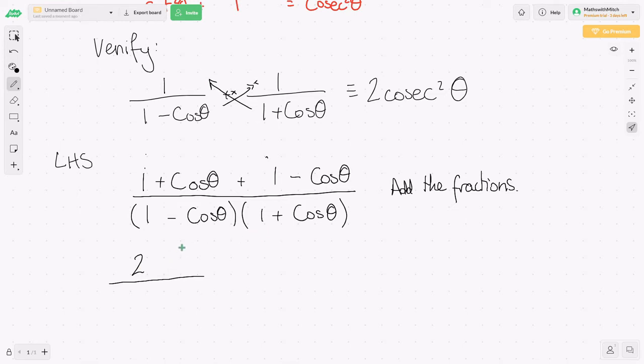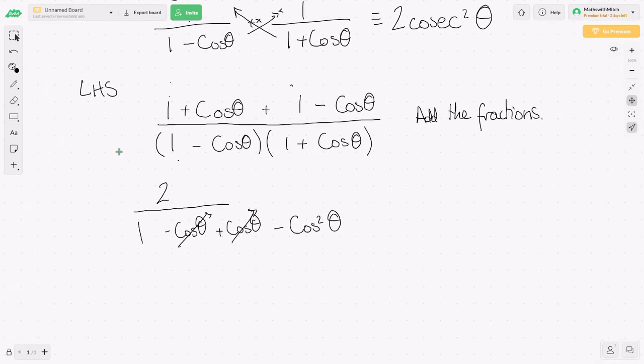And then if we multiply out the bottom, we have 1 times 1, a minus cos theta, a plus cos theta, which are going to cancel, and a negative cos squared theta. And we can then write that out a bit neater. So we have 2 over 1 minus cos squared theta. So there we've simplified.